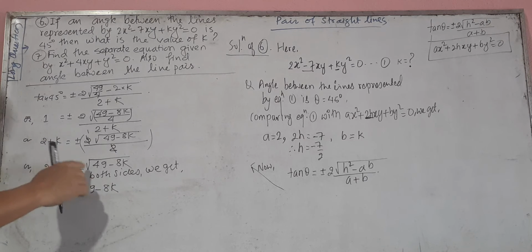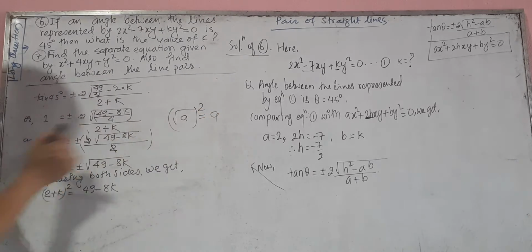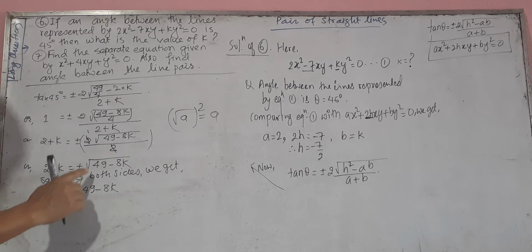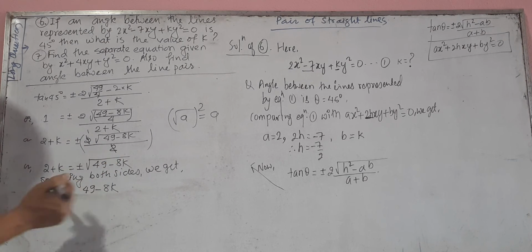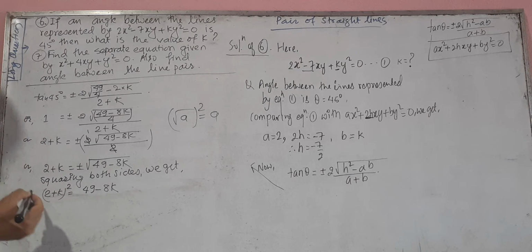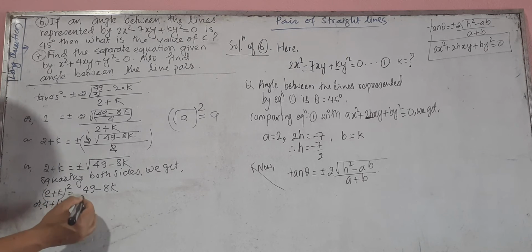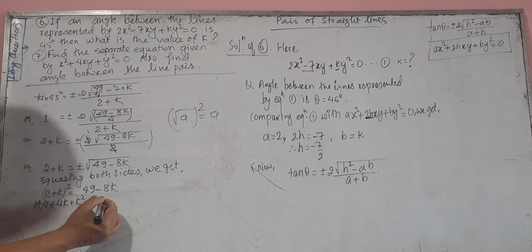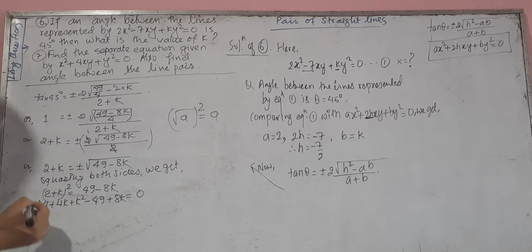The square root and the square cancel, so the square of root over 49 minus 8k is 49 minus 8k. Now on expanding, 4 plus 4k plus k square equals 49 minus 8k. Bringing all terms to the same side, minus 49 plus 8k equal to 0.